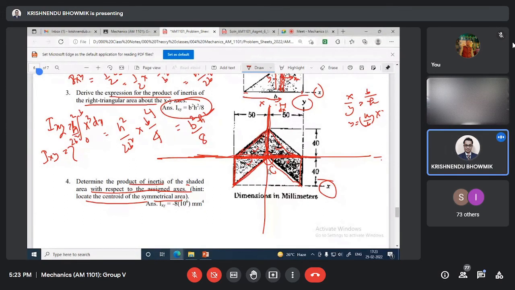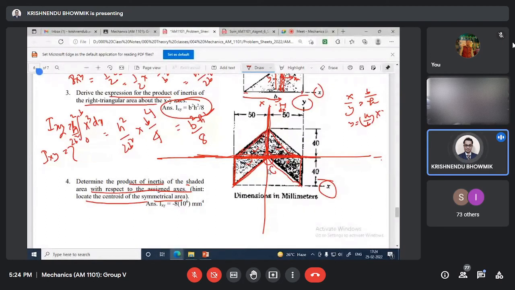We have to write in words why C is symmetric, we don't need to write an expression. As the structure is symmetric with respect to the vertical axis passing through C, CG will lie on that. For the left two triangles, CG will lie on this horizontal line, and the right side also. Similarly, if you consider all four parts, CG is supposed to be at the C location. You have to write these words.